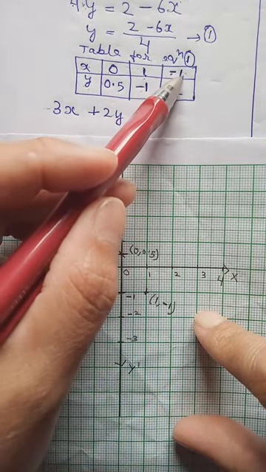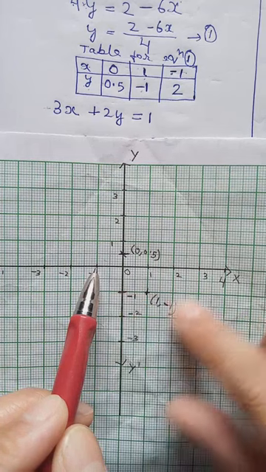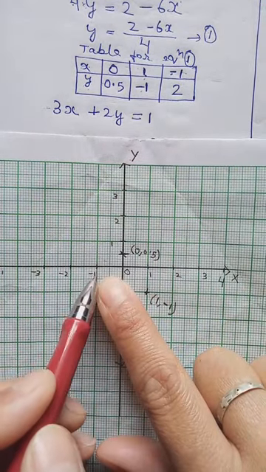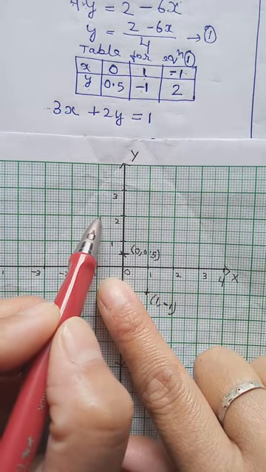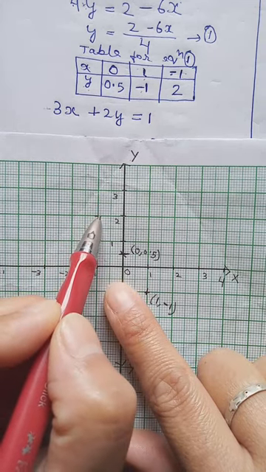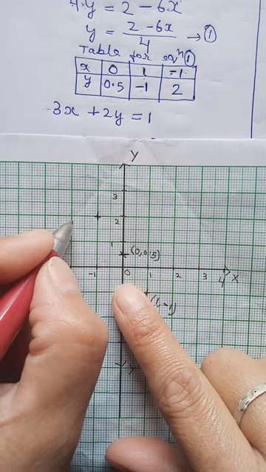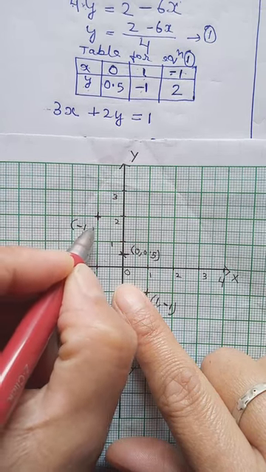Then next we have minus 1. This x we have minus 1. So here. Then y is 2. 2 means plus, so we go up. On this line only we will go 1, 2. So this corner, because this line is coming down, this one coming here. So you mark it like that. Then here you mark it minus 1, 2.